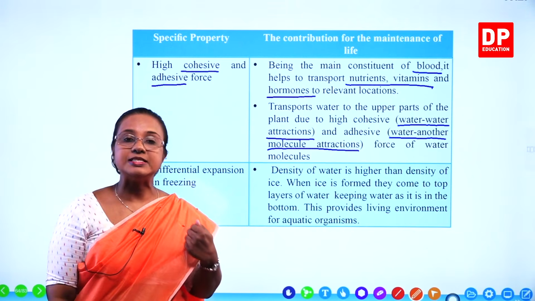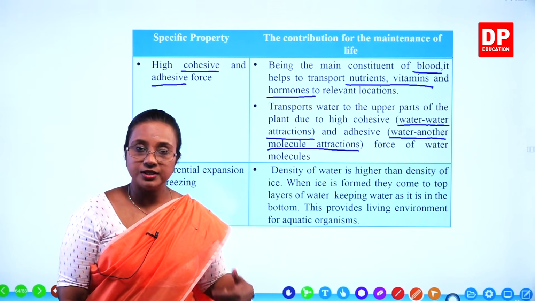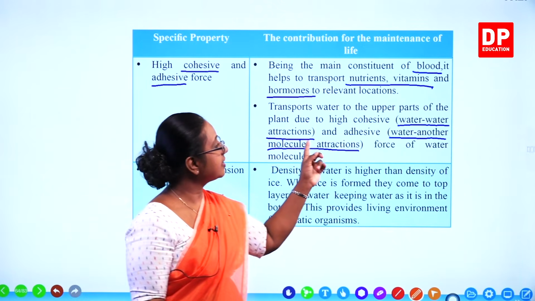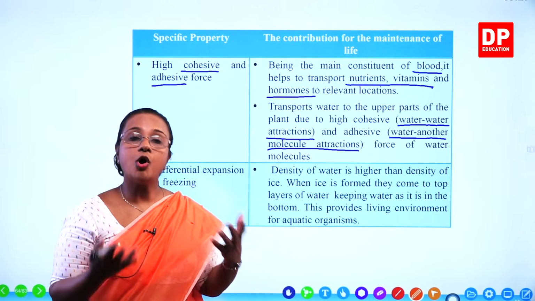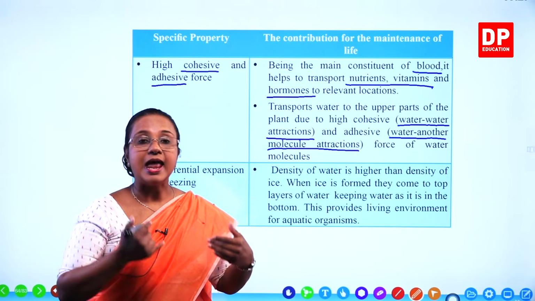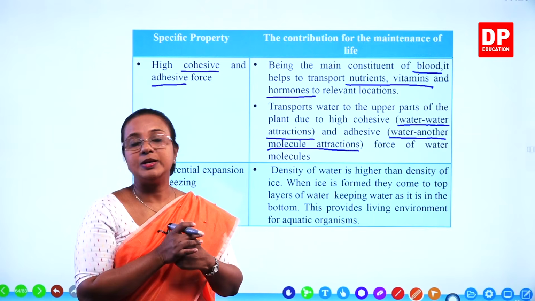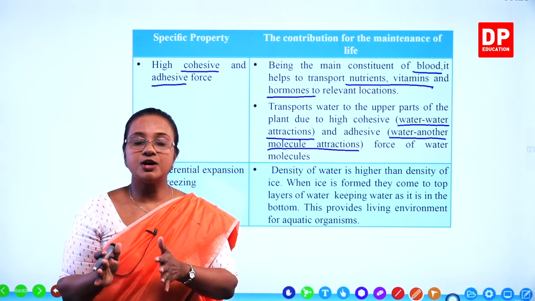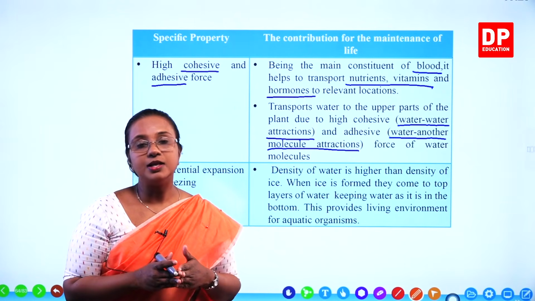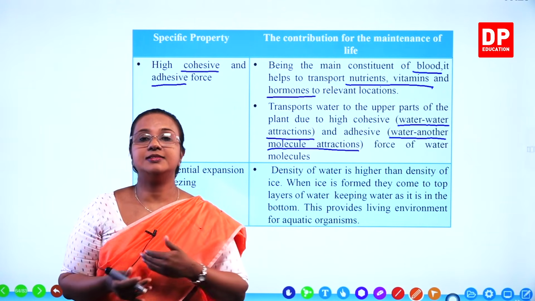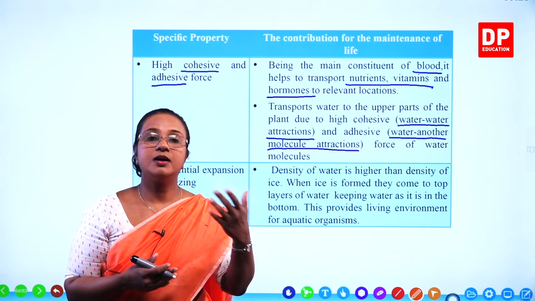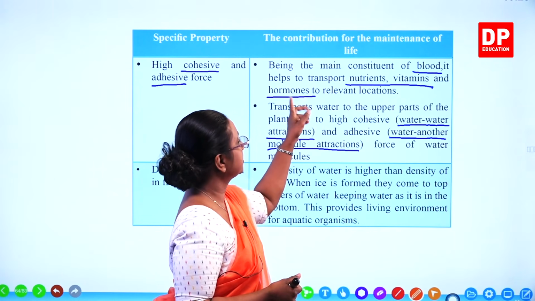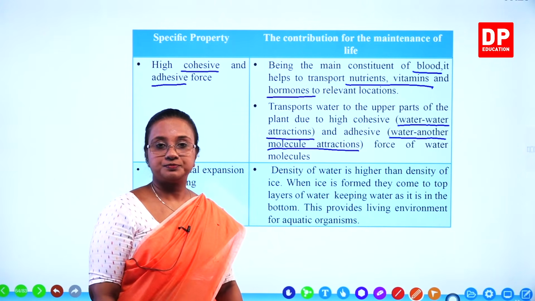All these have to be circulated with blood throughout the body, and blood flows through blood vessels. So, as we discussed before, the blood has water as its main component, and there should be the cohesive force between the water molecules and the adhesive force between the water molecules of blood and the wall of the blood vessels, so that it can flow easily as a continuous column of blood.